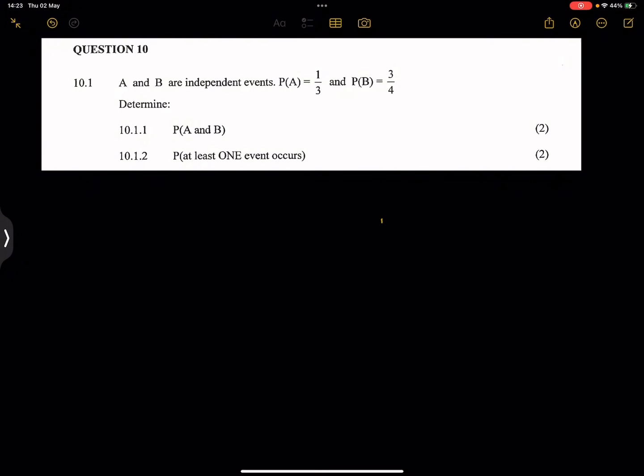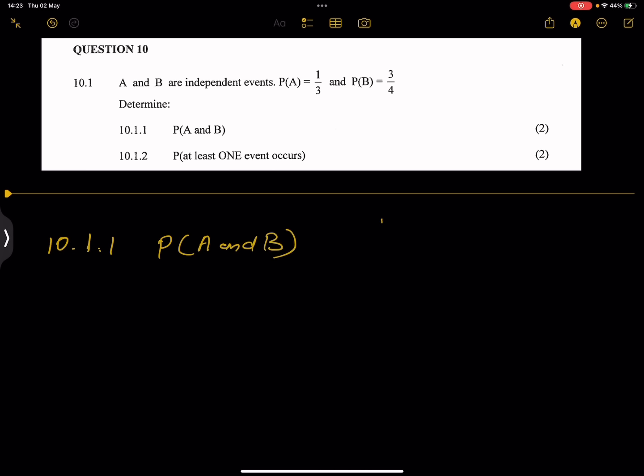Now remember, ladies and gents, I made that very easy video on probability. So I said to you, when you want the probability of A and B for any independent events, probability of A and B will be equal to probability of A times the probability of B. Now, we're looking for the probability of A and B, so this is going to be 1 over 3 multiplied by 3 over 4.